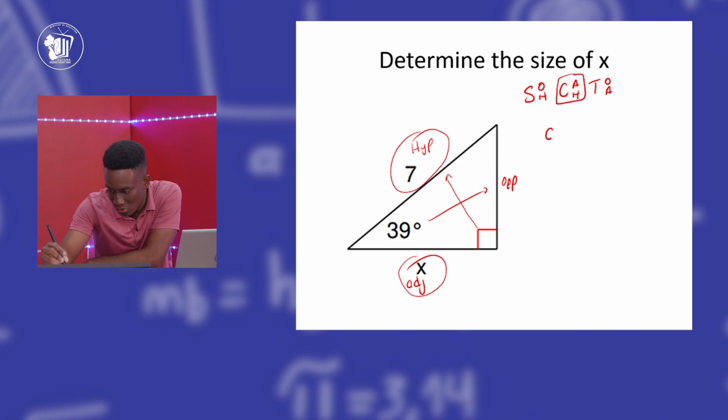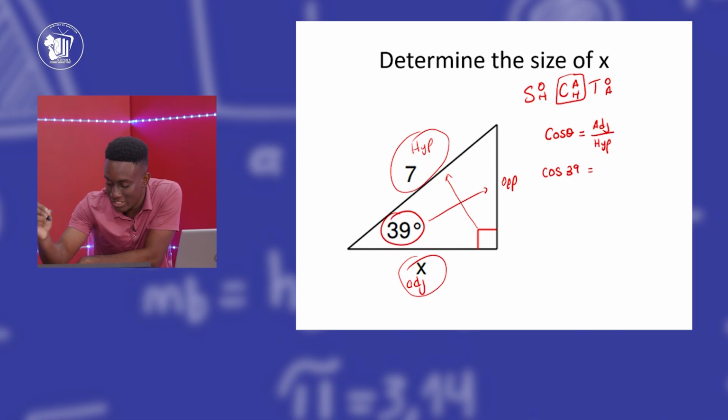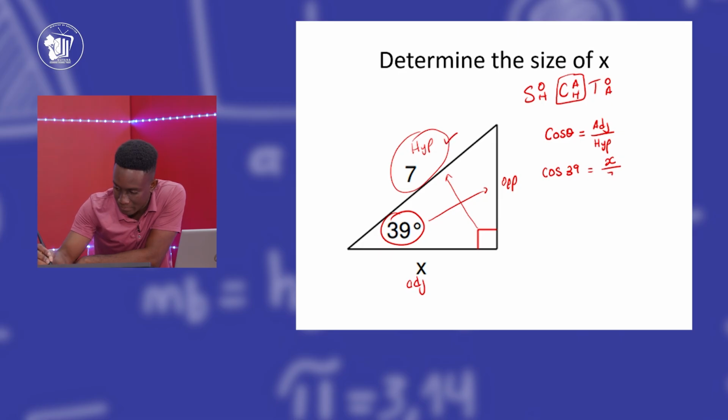So we can say cos theta is equal to the adjacent side over the hypotenuse. So we substitute our values. So we'll have cos, in this case theta would be the angle, which is 39, is equal to the adjacent side, which is x, over the hypotenuse, which is 7.